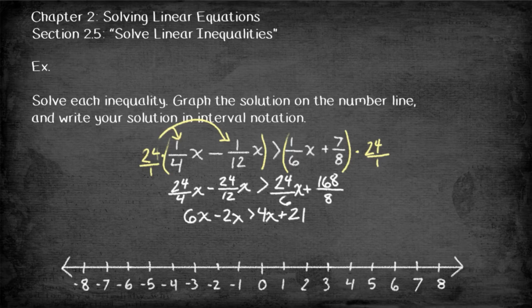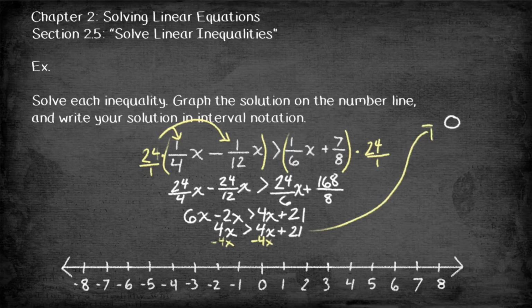And if we simplify, we get 4x greater than 4x plus 21. And hey, if we move the variables onto one side by subtracting 4x, we get 0 greater than 21.